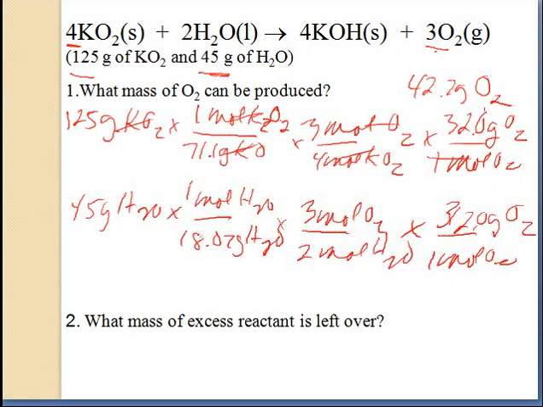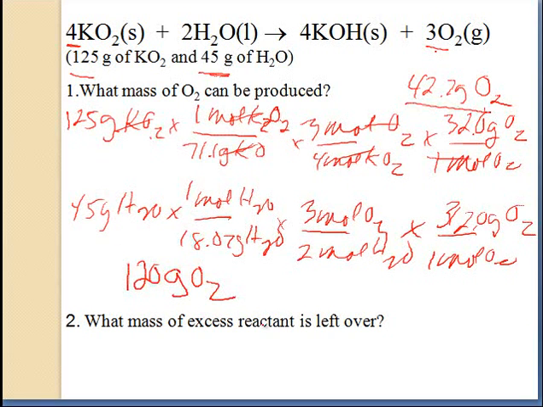If I plug and chug on this one, I'm going to get 119.9 or 120 because I want 2 sig figs, 120 grams of oxygen. So, what mass of reactant is left over? So first of all, the limiting reactant is going to be my reactant that gives me the smaller amount. So this is going to be my potassium superoxide, and I'm going to have an excess reactant of water.